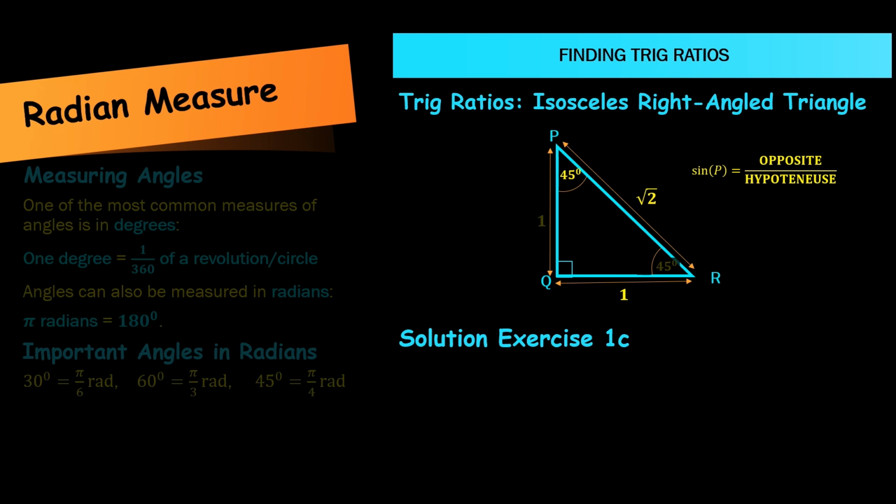So let's solve part C. Sine 45 degrees equals the opposite, which is equal to 1 in this example, over √2, which is equal to the hypotenuse. So sine 45 degrees equals 1 over √2.